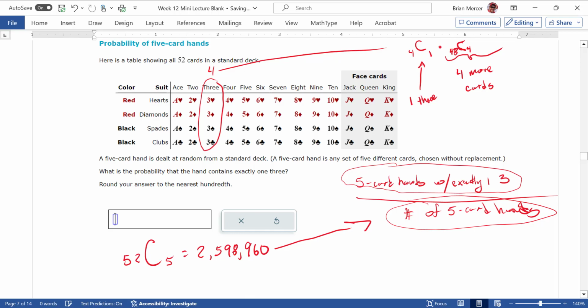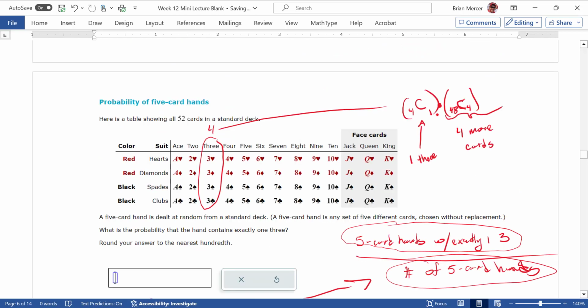So then I want to multiply those two things together. So I have 1 3 chosen from the 4 3s, and then 4 more cards chosen from the non-3s, because if I'm going to get exactly 1 3, I can't include any of the 3s where I'm choosing the remaining cards. So they have to come from the 48 non-3s, and where 48 comes from, in case you're wondering, is 52 minus 4.